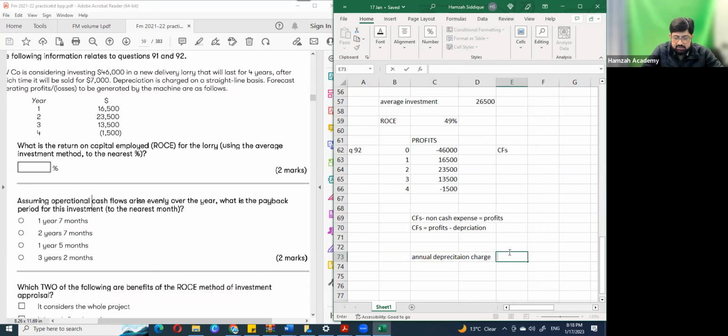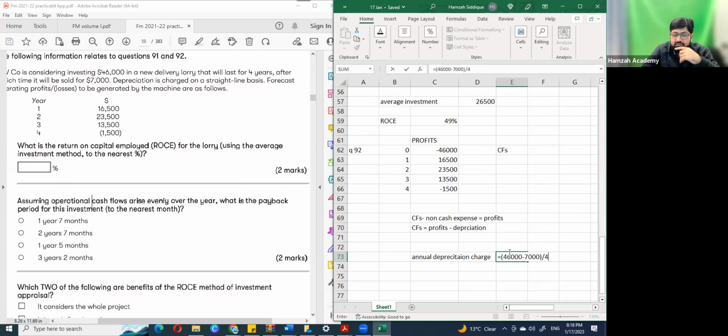You will calculate using a calculator, I'm telling you. 46,000 is the total cost. Scrap value is 7,000. Straight line basis, we said, divided by the number of years.